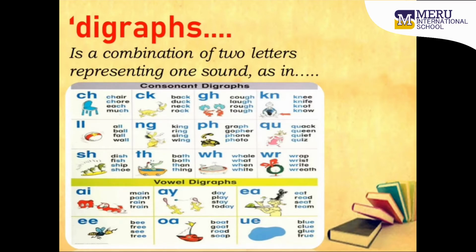EE gives a sound of E as in bee. OA gives a sound of O, boat. And UE gives a sound of U, blue, clue.